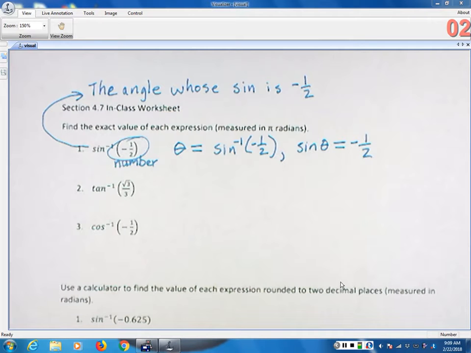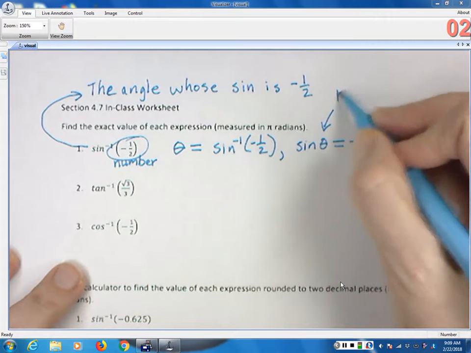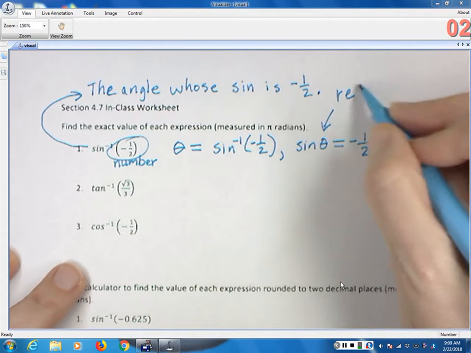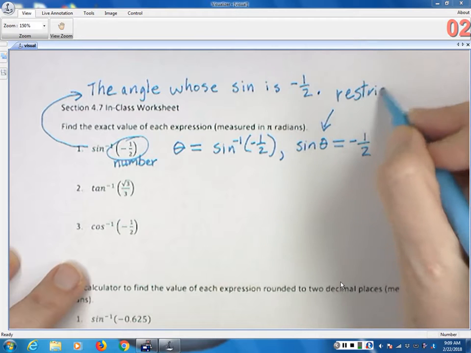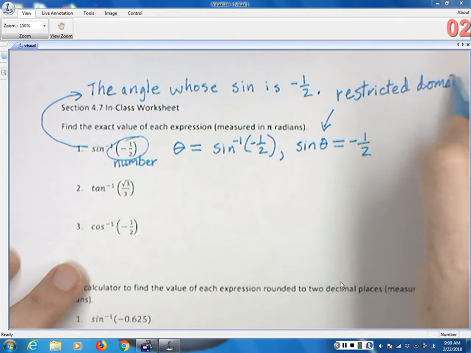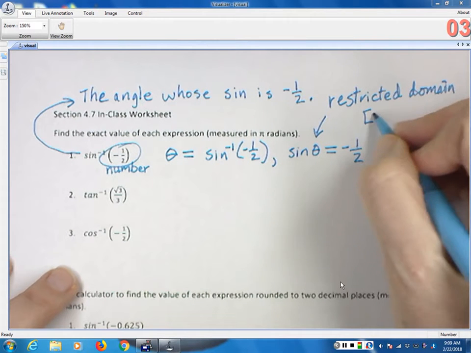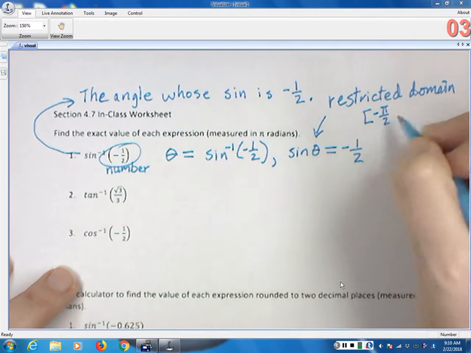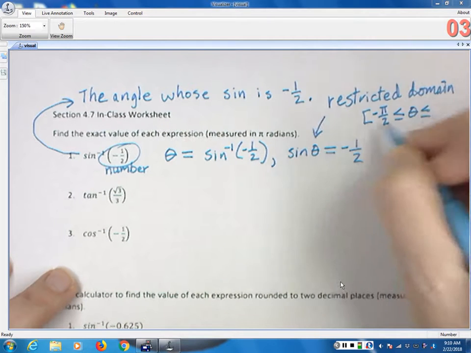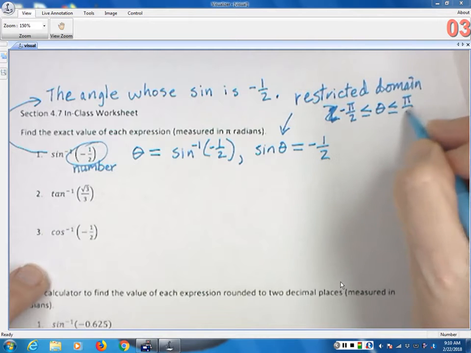But we do need to remember that sine has a restricted domain of -pi/2 to pi/2.